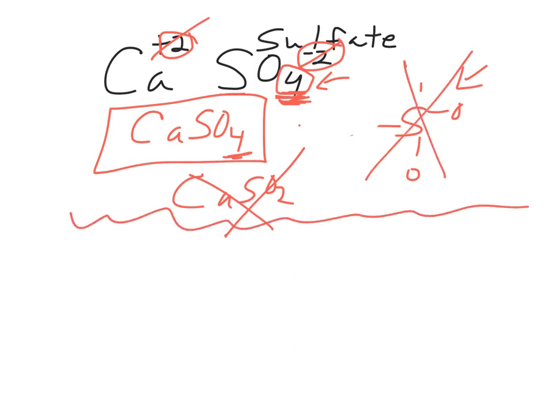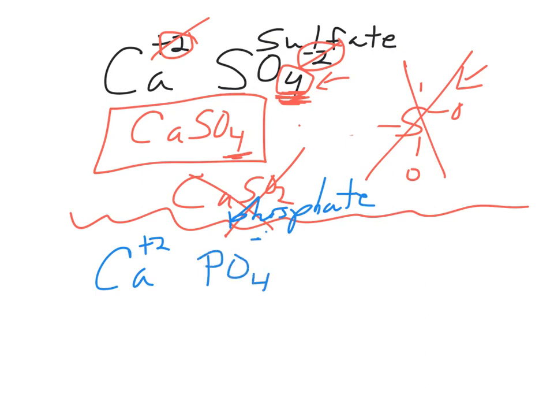Okay, now anytime you have a compound, whether it has a number on the bottom or not, when you crisscross a charge, that means you have to isolate that compound. So let's say instead of sulfate, let's still use the Ca with a +2, but let's use phosphate. Okay, if you look at your chart, phosphate is PO4 with a -3.